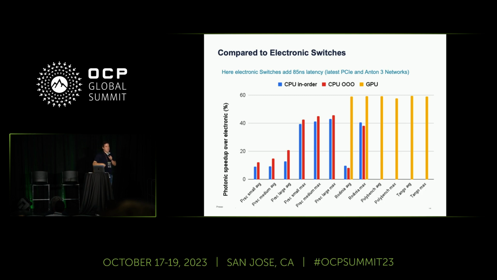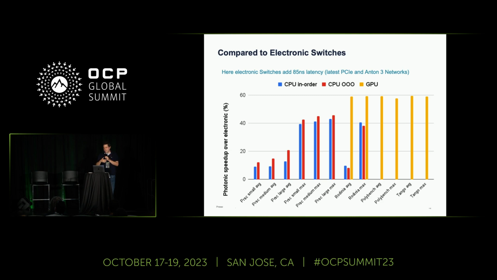But the point is, because our photonically disaggregated rack provides this disaggregation with 35 nanoseconds versus 85 in the electronic case, our rack is actually faster, meaning the applications run faster in our rack compared to the equivalent electronic rack. And the range here is, depending on the application and its characteristics, anywhere from 10 to 60%.